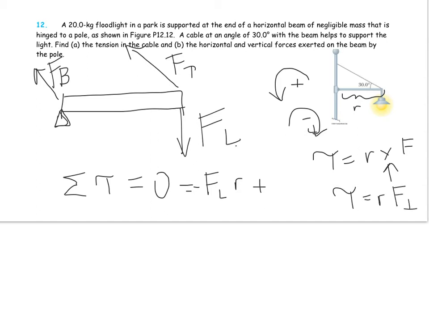In this case, my force that's perpendicular is going to be my force tension sine of my angle times the distance r. So I'm going to write this here, and I'll rewrite it on the new screen. So force tension times sine theta to get the perpendicular part times r. Now, I'm going to get a new slide.